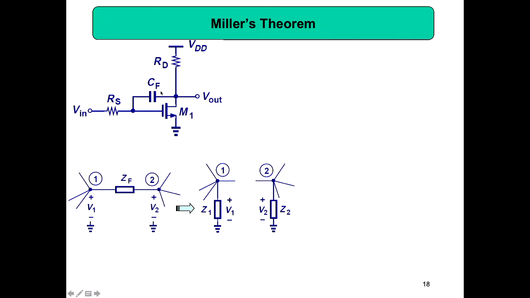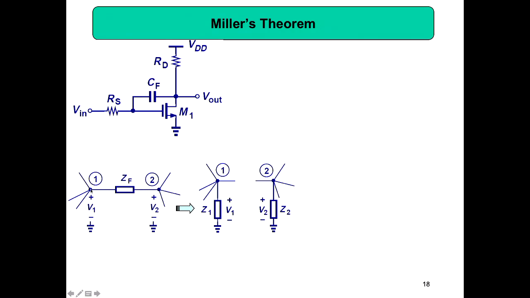So Miller says we can split the impedance of the capacitor like this. If you are splitting, the requirement, which I already discussed in the previous lecture, is that if X current is flowing into it, X current should come out.